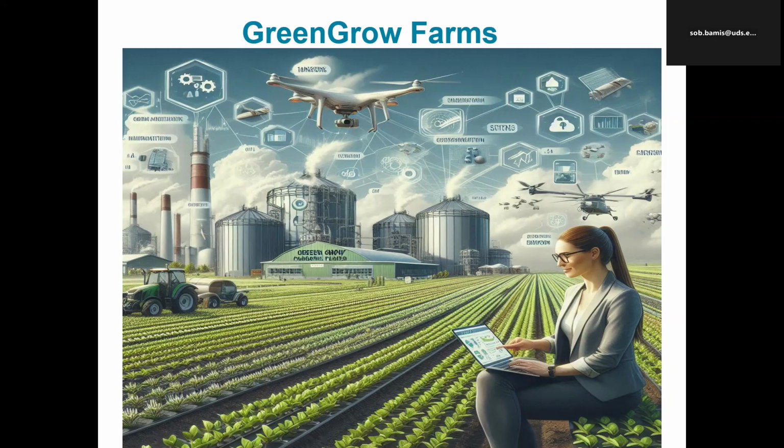So just to walk through this picture, you see the lady with the laptop, and the dashboard she is looking at shows certain metrics and information. You can see drones flying all around. There are tractors and what have you.